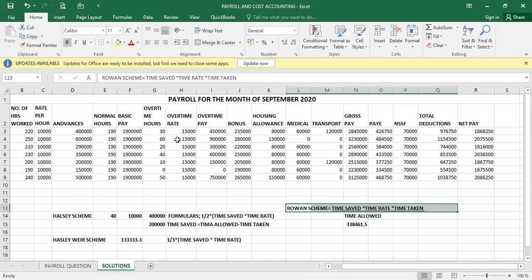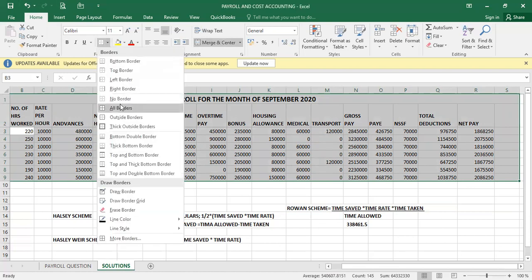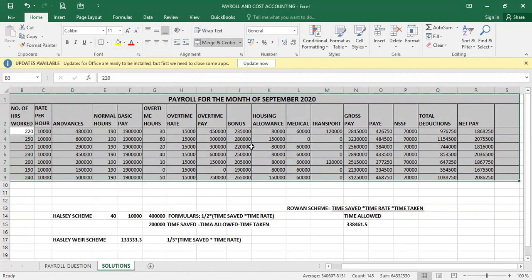Press Control A, so that we put some borders, all borders, and you can also put in the currency.